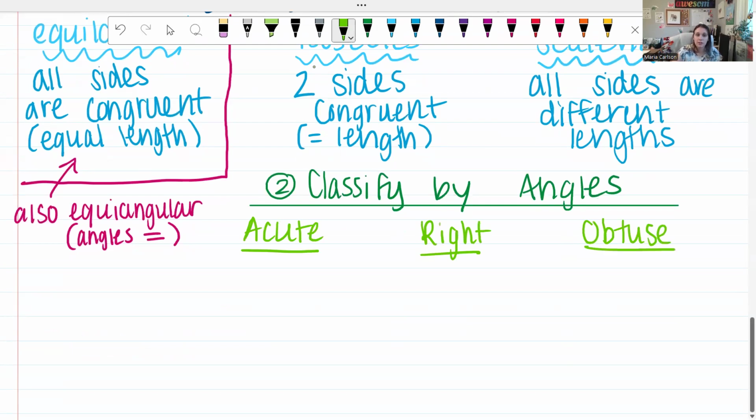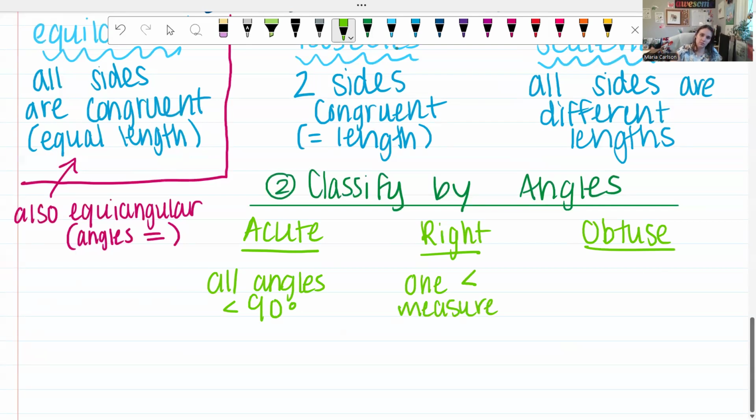An acute triangle means that all of our angles are less than 90 degrees. So there's not a single angle that is equal to or larger than 90 degrees. A right triangle has one angle that measures exactly 90 degrees.